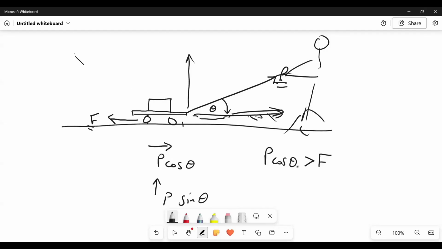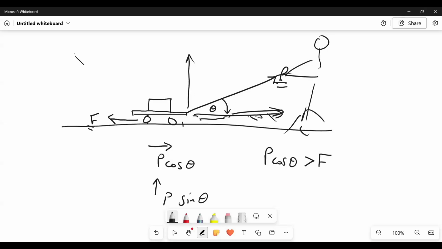Is that clear? You agree with me? The force you are exerting here must be greater than F for this thing to roll. And our main concern in this course is occupational health and safety, right?